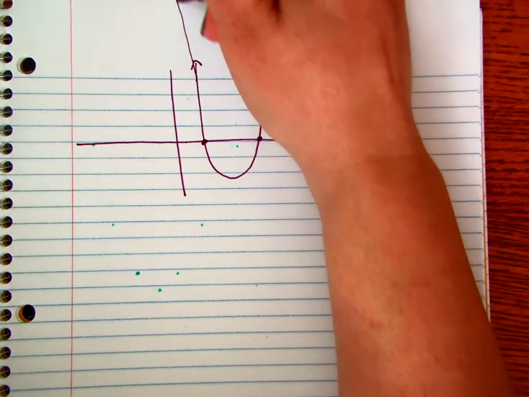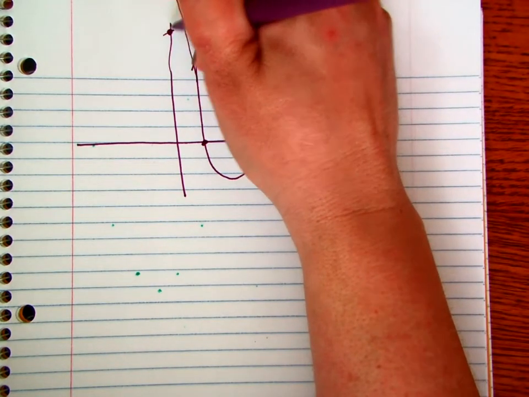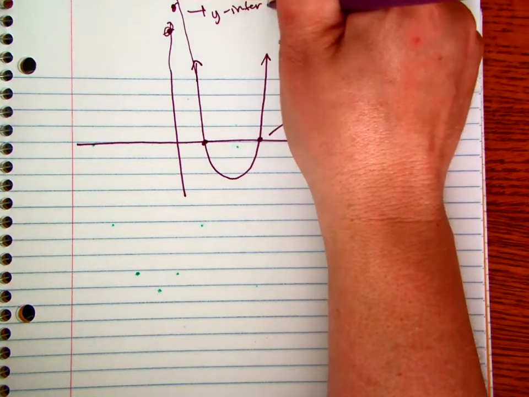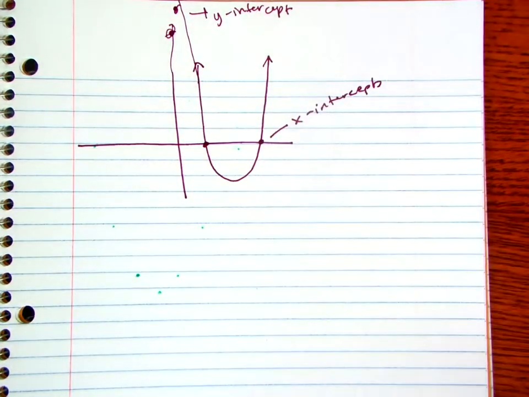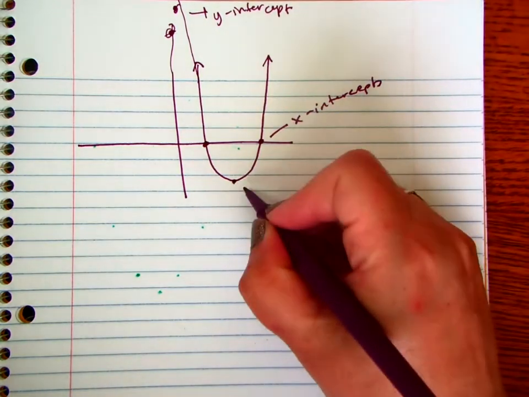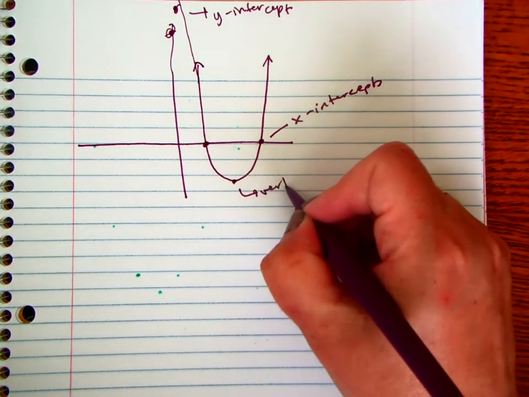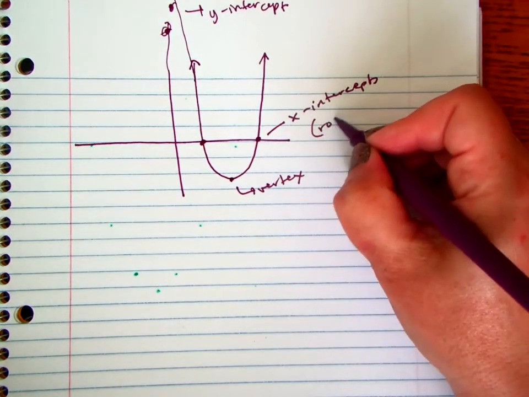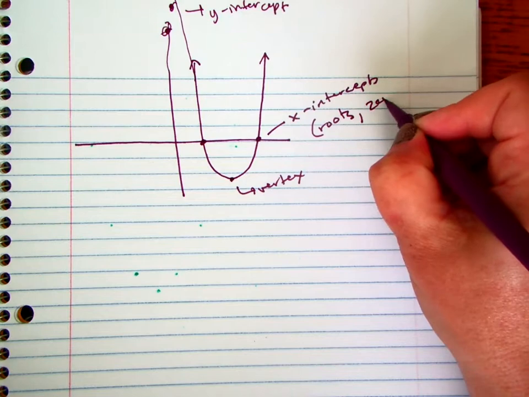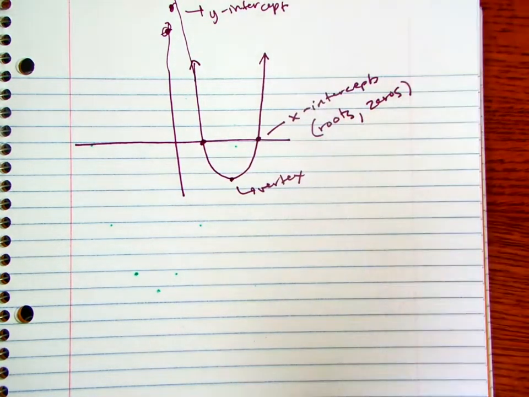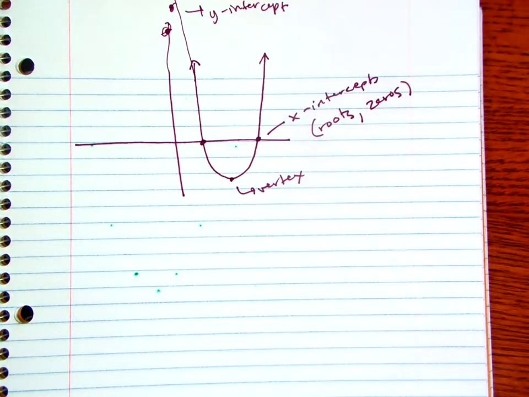Eventually, this would cross the y-axis, so way up here somewhere you'd have a y-intercept. I didn't draw that so great. And down here is again the vertex. These x-intercepts can also be called roots, or sometimes zeros. So there can be x and y intercepts in quadratic graphs.